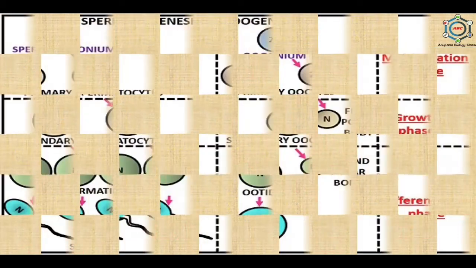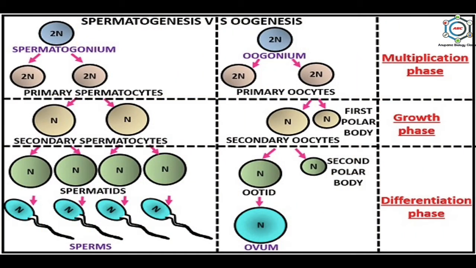Now, the differences, that means spermatogenesis versus oogenesis. So, first, the multiplication phase is the same in both and forms the primary spermatocyte by spermatogonium in male and the primary oocyte by the oogonium in female.